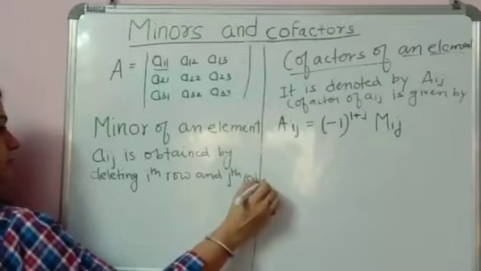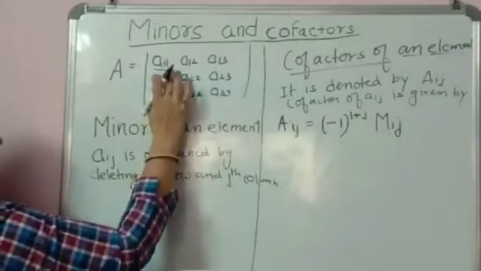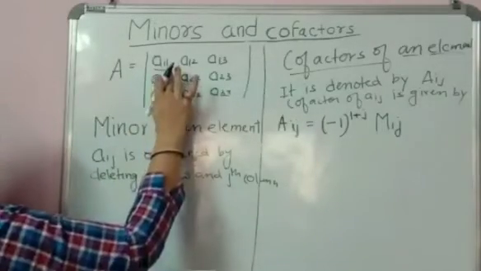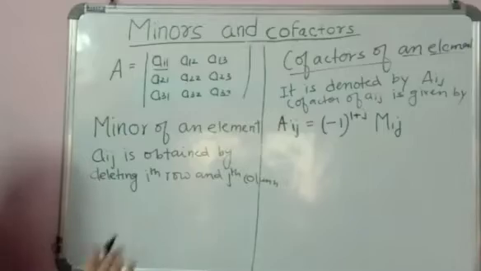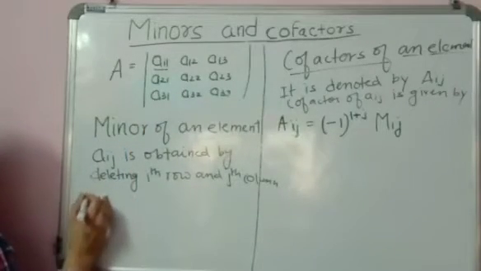So what does it mean? See, if you want to find the minor of an element, say A11, the minor of an element is denoted by Mij.